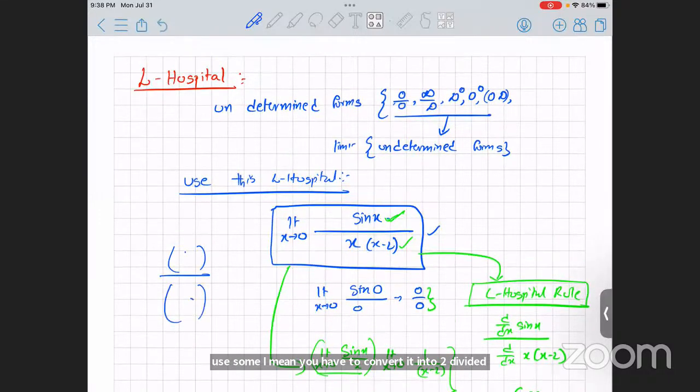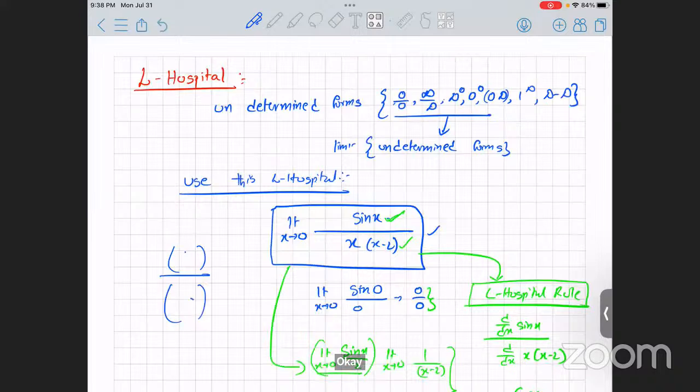Then you can use it easily. Okay. 1 power infinity, infinity minus infinity. These are the indeterminate forms.